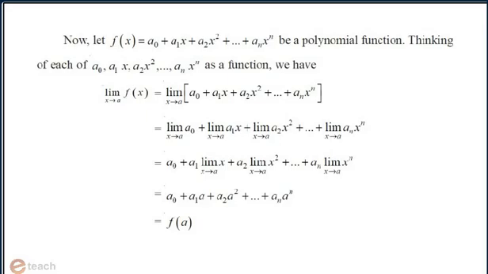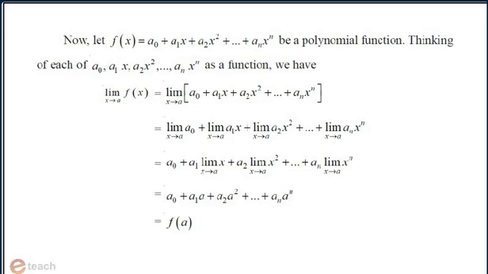Now let f(x) equal a0 plus a1x plus a2x square up to anx to the power n be a polynomial function.